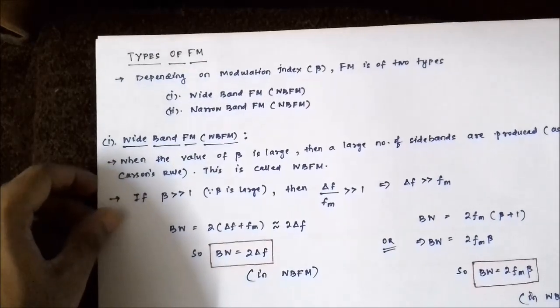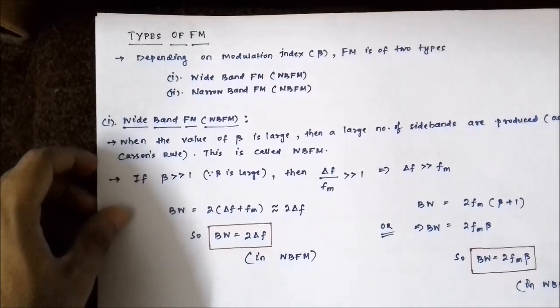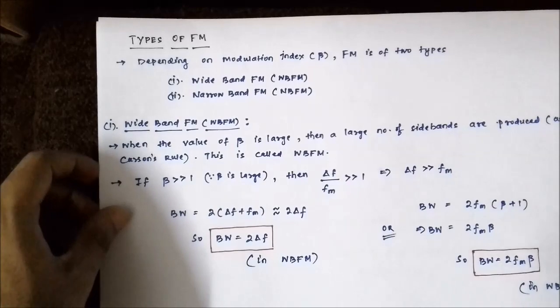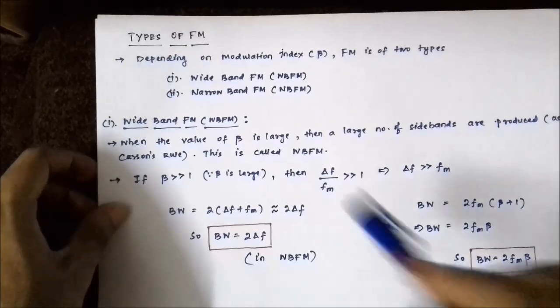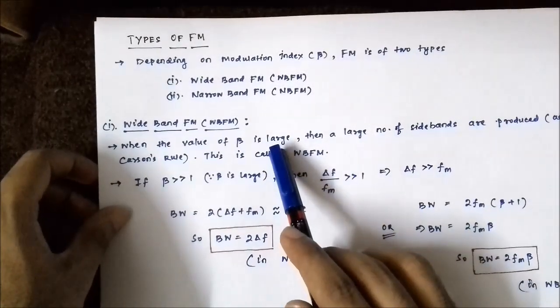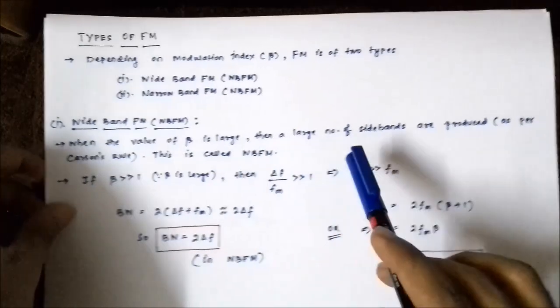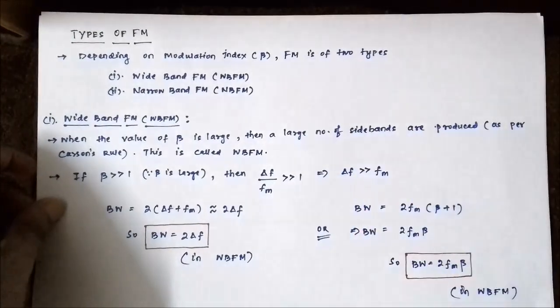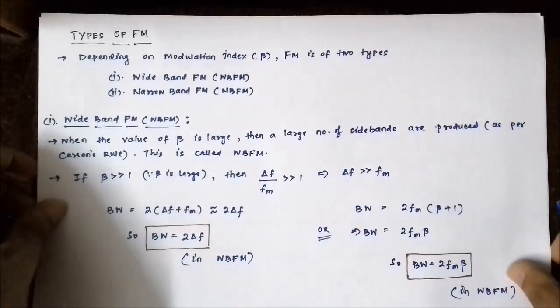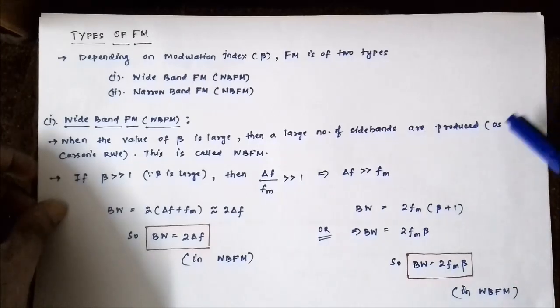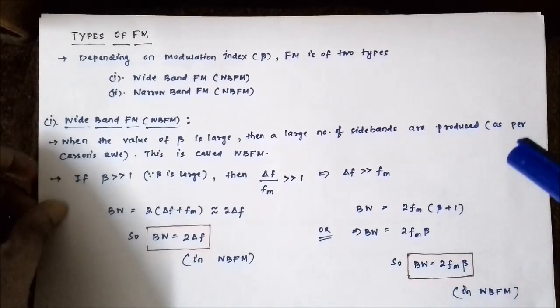First, we will discuss wideband FM. When the modulation index or beta value is very large, we will have a large number of sidebands. As per Carson's rule, the number of sidebands is given by beta plus 1.